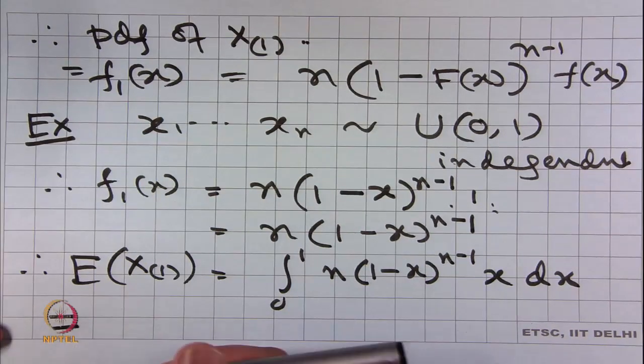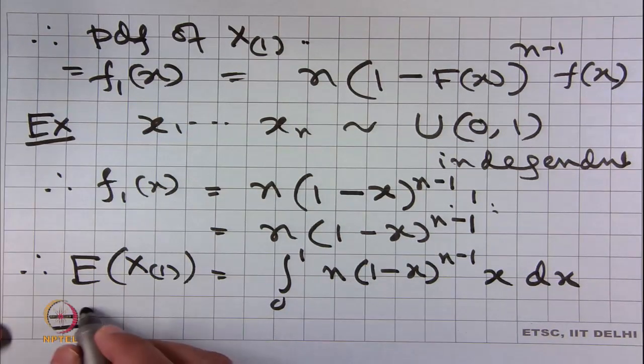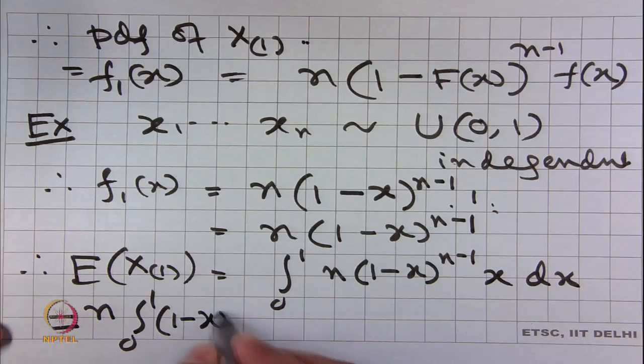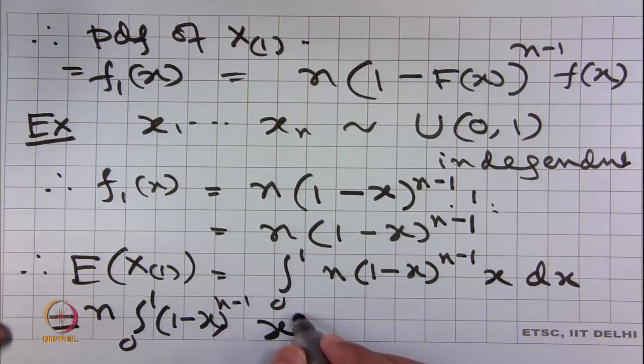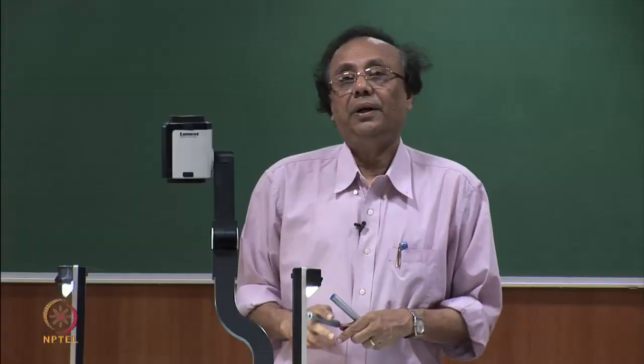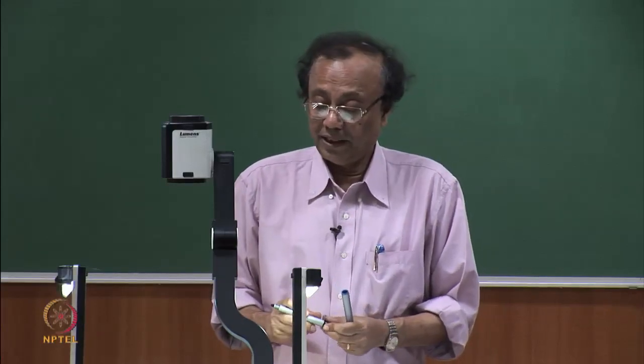How do you integrate that? This is n into integration 0 to 1, 1 minus x whole to the power n minus 1, x to the power 2 minus 1 dx. And this comes under our familiar beta integral.